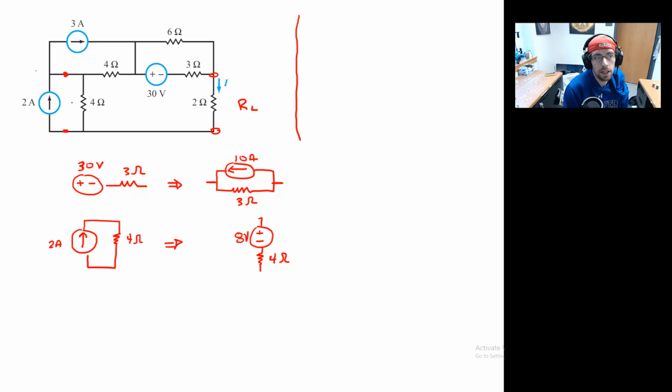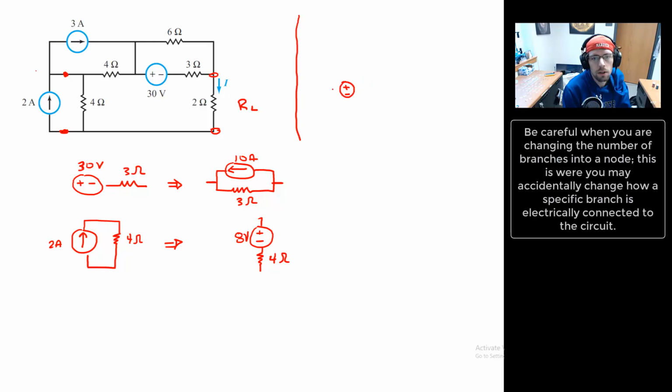So I'm indicating the top node and the bottom node where those 2 meet, where those 2 are, a separate piece. And so I'll go ahead and replace that with our 8-volt supply. And our 4 ohm resistor.